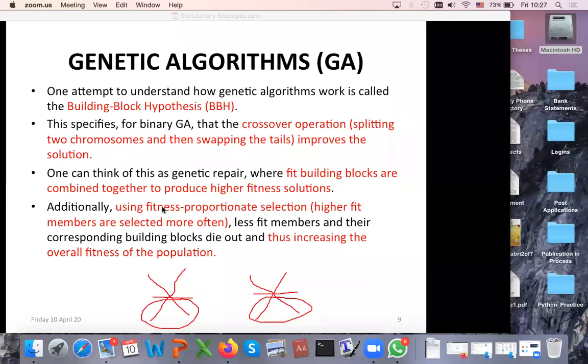And then finally it will stay at some limit, but we can say that the fitness of the population will surely increase. But on the other hand, the members with less fitness will die out. So this is the disadvantage. For some people, it is an advantage. We always want to increase the fitness of the population.